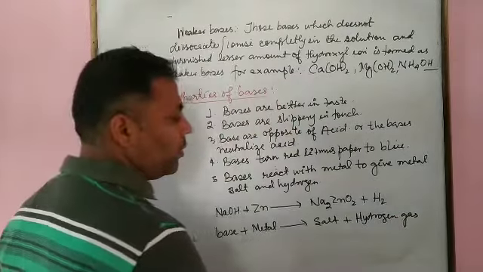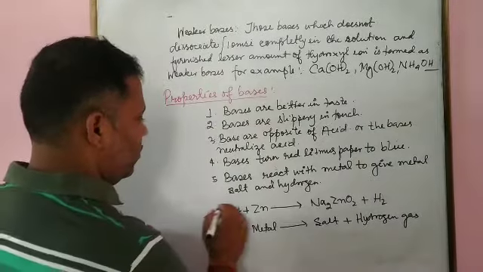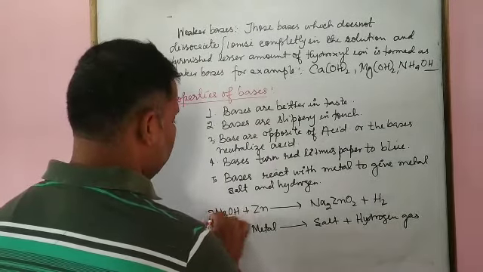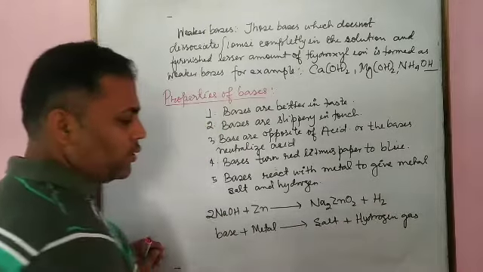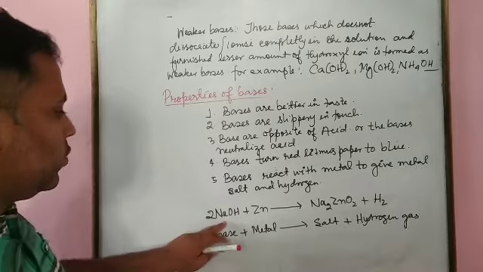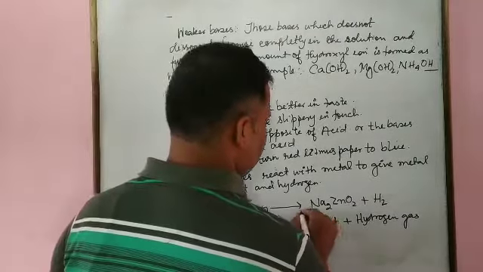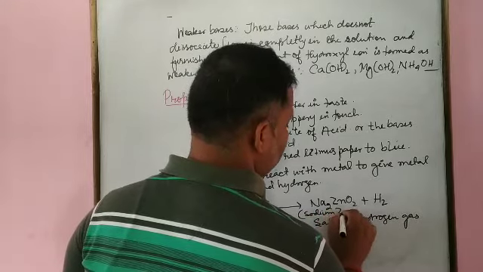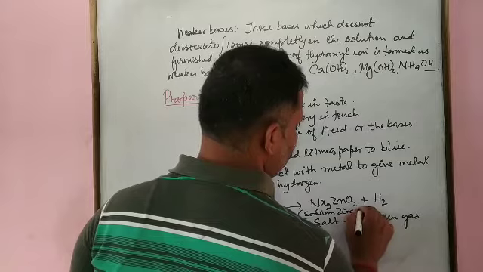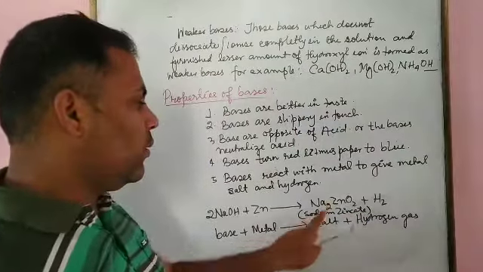Clear? Let us balance it. 2 NaOH. The next we have this hydrogen gas. What is formed? This sodium hydroxide reacts with zinc to form sodium zincate, and this one is hydrogen gas. This is also known as salt.